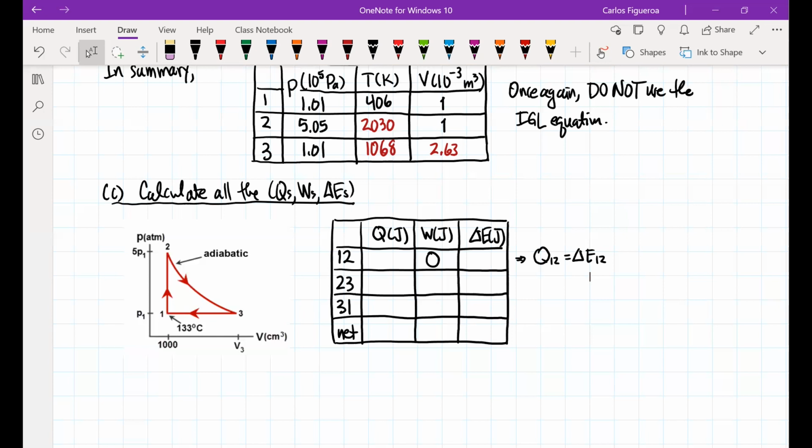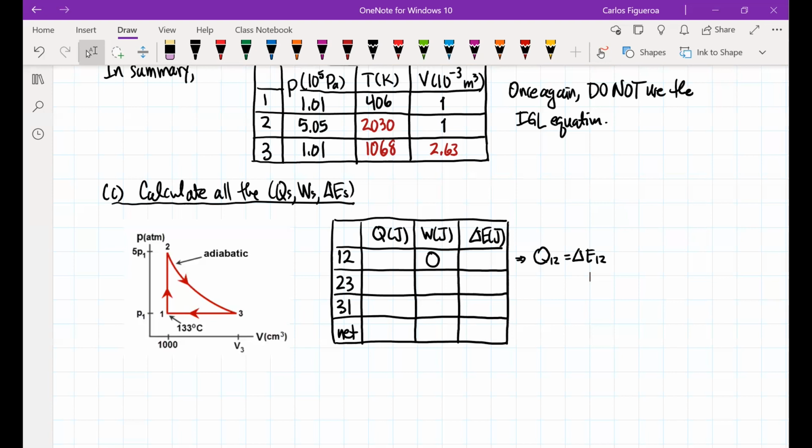So now I'm just going to use these values off my table, since I know the pressures and I know the volumes. Putting these in numerically, I'm going to get 3/2 times the pressure difference, which will be 5.05 minus 1.01. Note, I did not put 10 to the 5 in there, but here's my 10 to the 5 for the pascals. Now the volume is 10 to the minus 3.